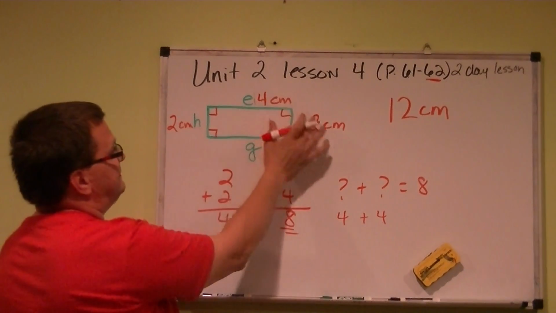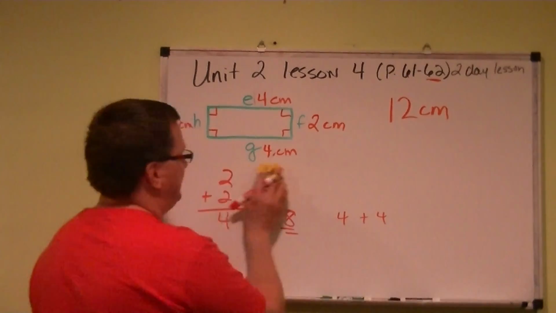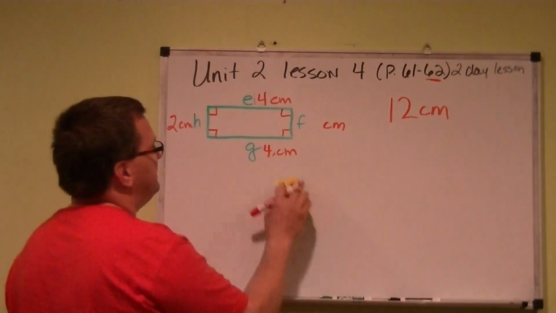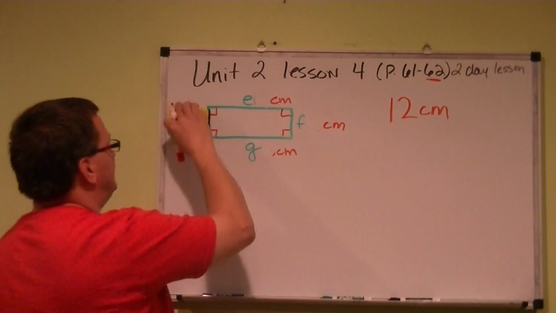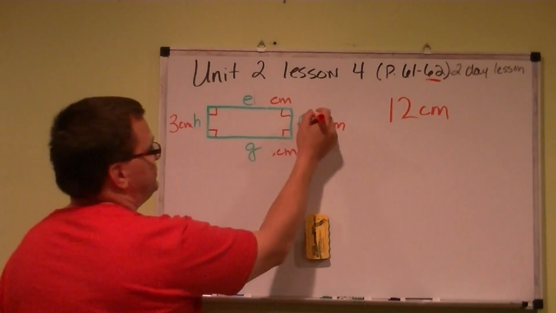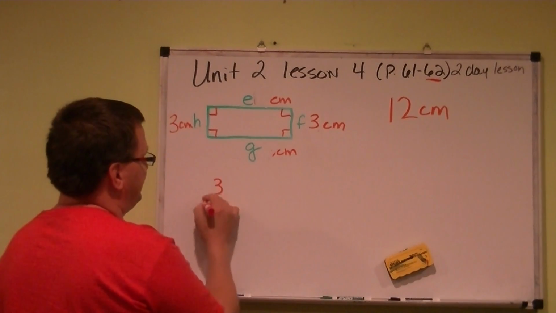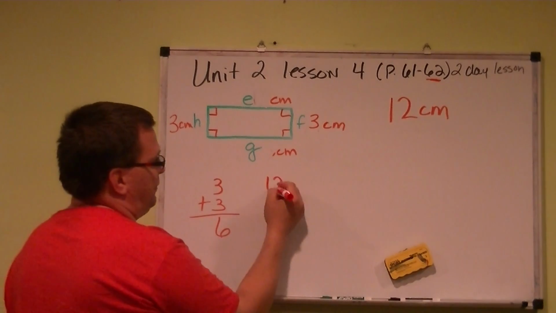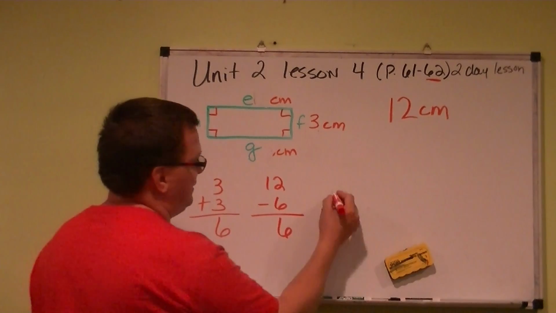4, 6, 8, 12. And again, as I said, I'm going kind of quickly, but we're going to talk more on this in class. If we add one more number to the 2, and what we do to the H, we must do to F. So now we have 3 plus 3, which equals 6. 12 minus 6 comes down to 6.